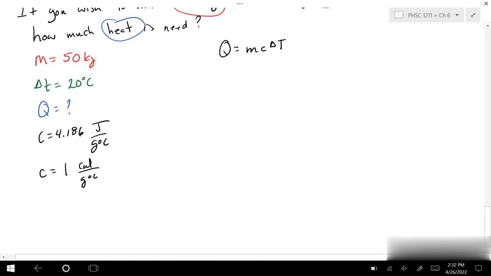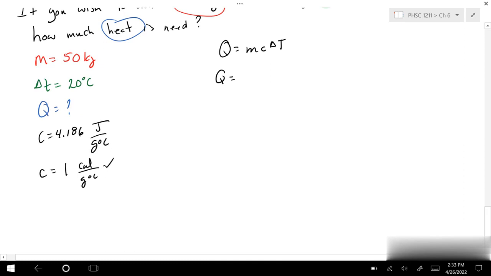So it's up to you on which one you want to use. Let's use calories because 1 is just a whole lot easier to plug and chug into. And it's really not going to matter, but I'll show you both. But use the 1 for the easy math for right now.